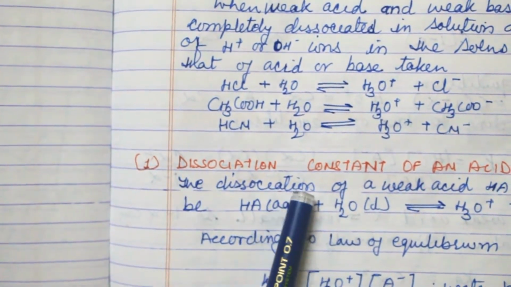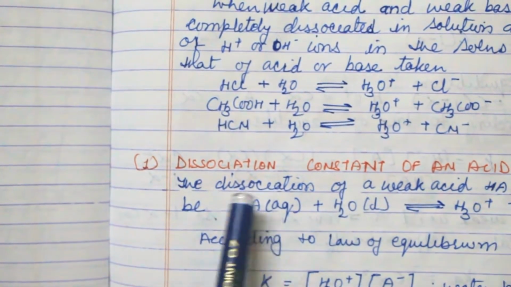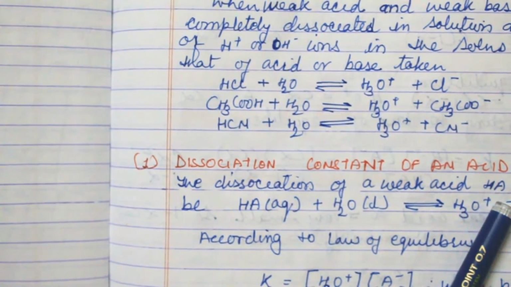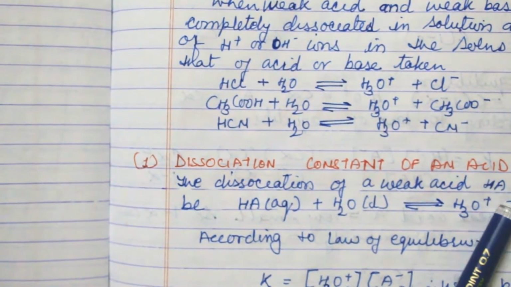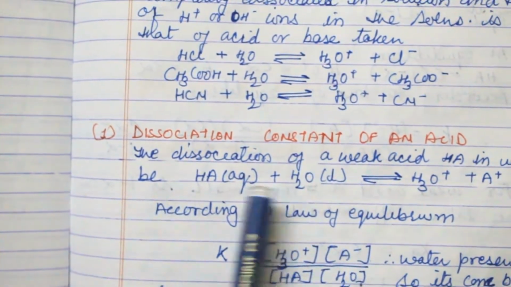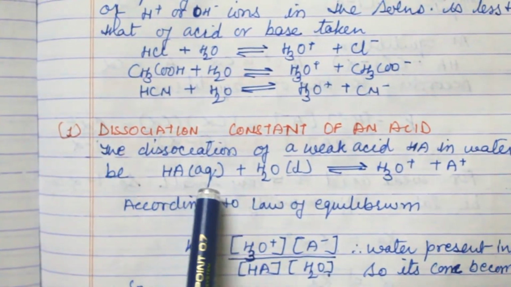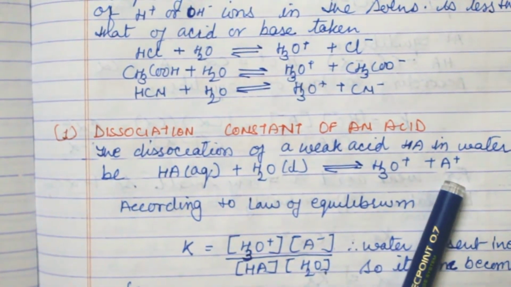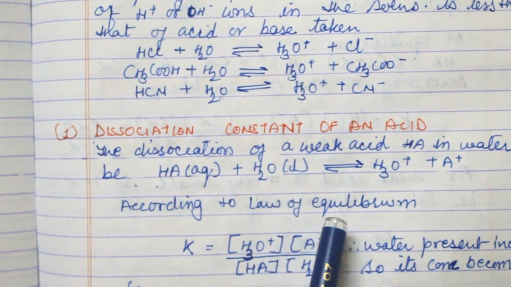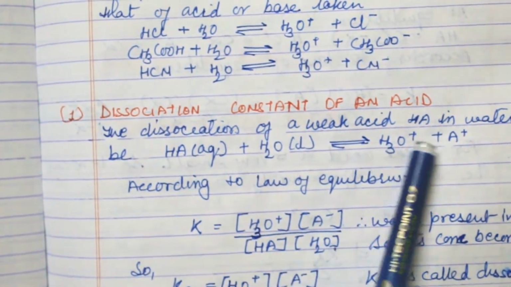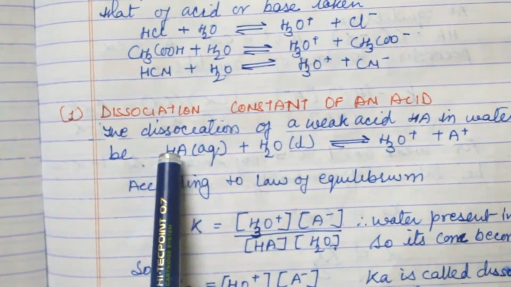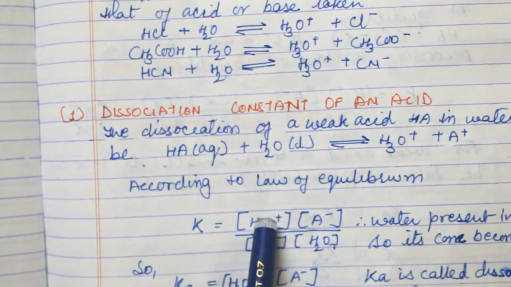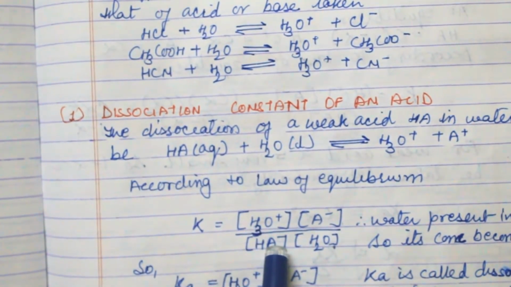Next is the dissociation constant of an acid. The dissociation of a weak acid, that is HA, A for acid, in water can be written as HA plus water forming hydronium ion and A minus. According to the law of equilibrium, the product is the numerator and the reactant is the denominator.